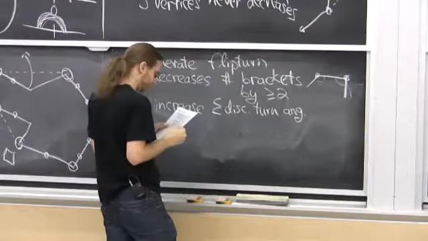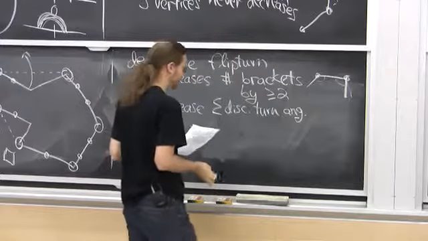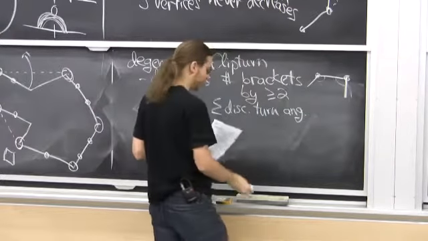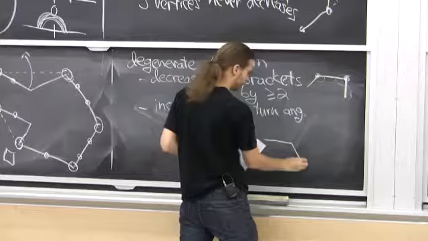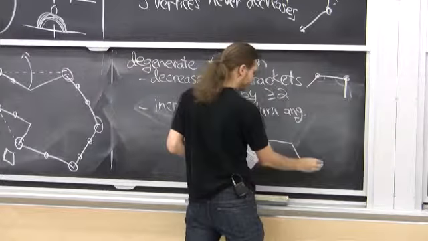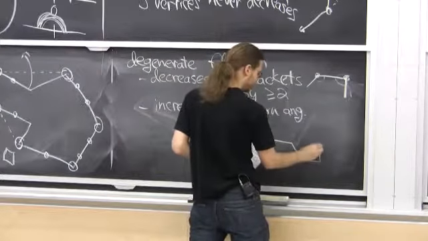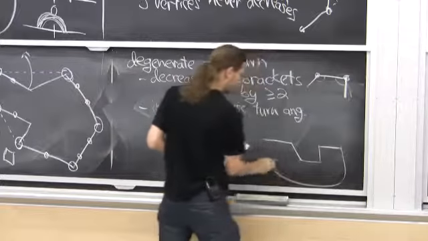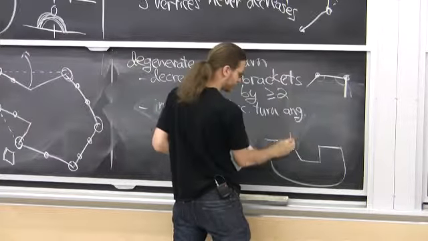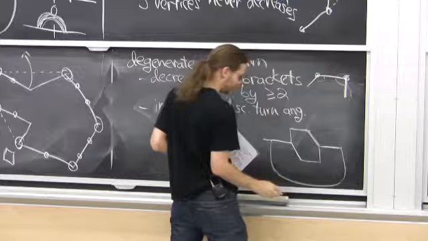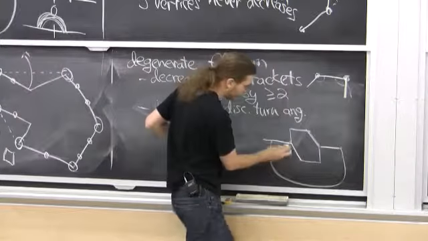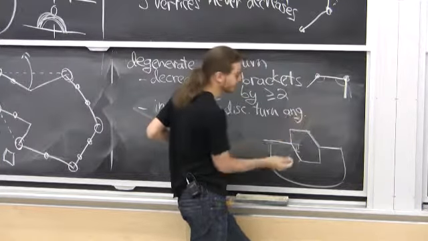Do I have an example? I don't have an example. We can try to make one. So here we get this. So here the turn angle, it's basically the reverse of the previous situation.